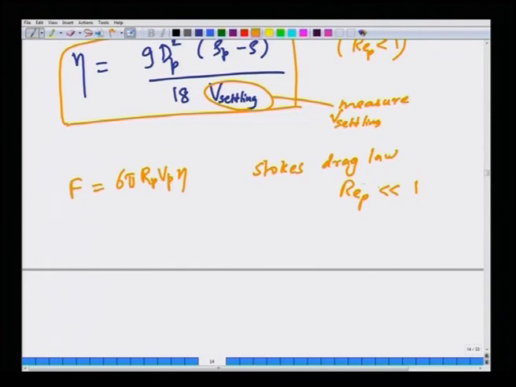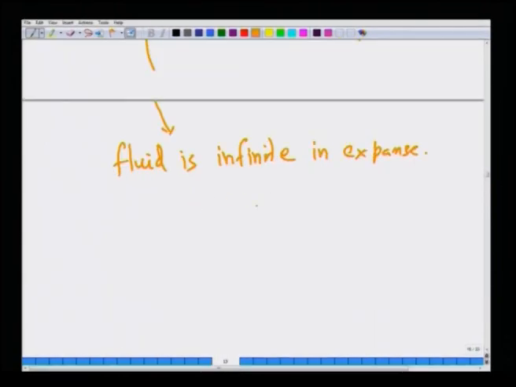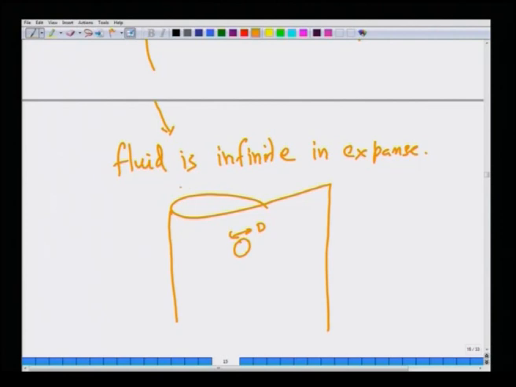When we use the Stokes drag law, we are assuming that the fluid is infinite in expanse. That is, there are no surrounding walls, but in reality there will be a surrounding wall. Suppose you do an experiment in a container, and therefore you have the diameter of the particle d and then the diameter of the container, let us say dc.